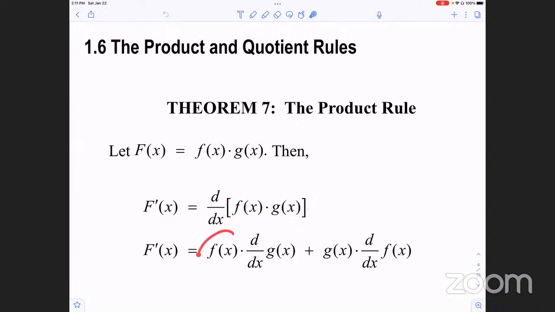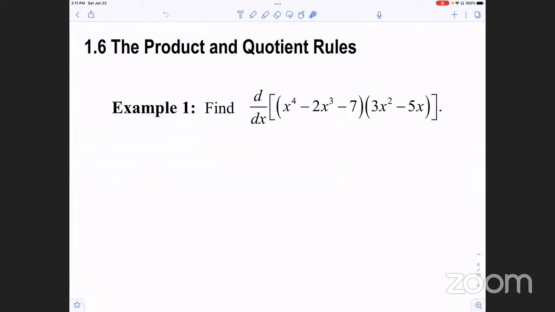That's the product rule. One way you can look at it is 1d2 plus 2d1.